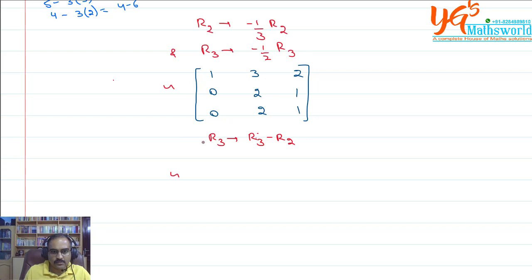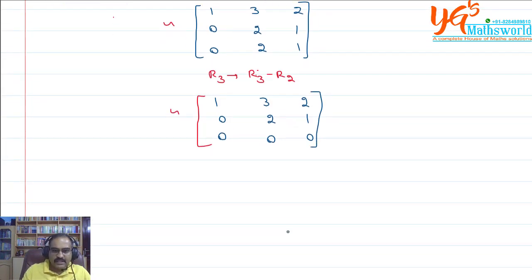So we got 1 3 2, 0 2 1, 0 minus 0 is 0, 2 minus 2 is 0, 1 minus 1 is 0. Okay, so I have reached a stage in which I have obtained one of the rows as 0 and two as non-zero rows.